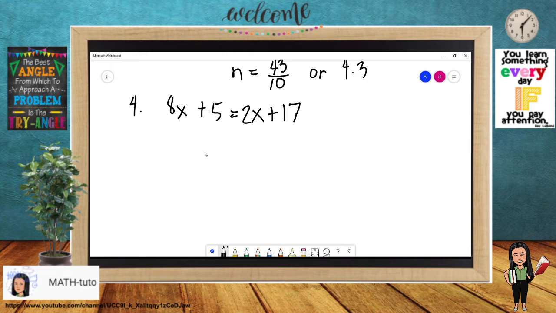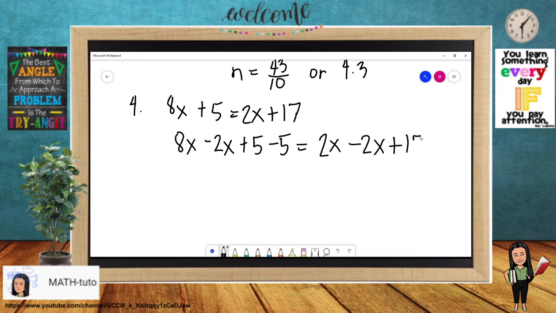So, we need to add or subtract negative 2 on both sides of the equation. That is 8x minus 2x plus 5, and then we subtract 5 to both sides of the equation. Minus 5 is equal to 2x minus 2x plus 17 minus 5.